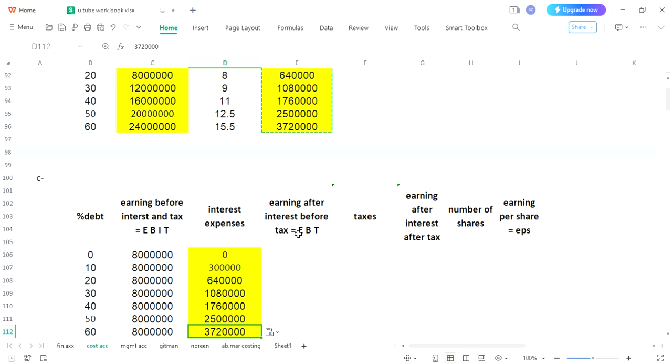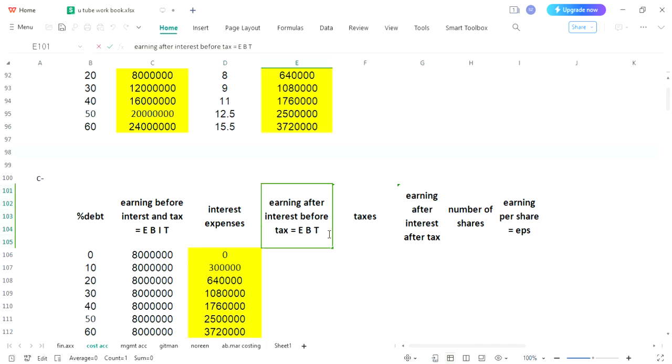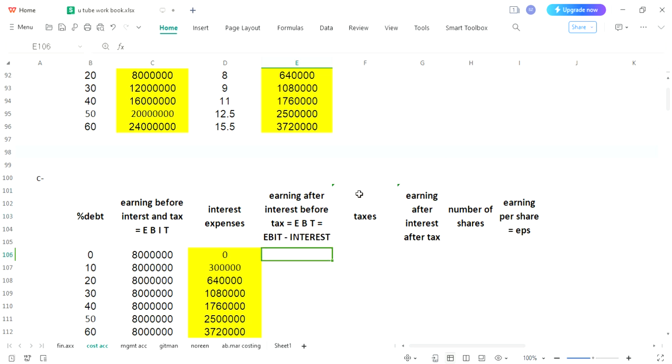Now we will calculate our earning after interest or before tax. For this you have your EBIT and then you subtract interest to calculate earning after interest but before tax. So to calculate it, we need our earning before interest and tax of 8 million.